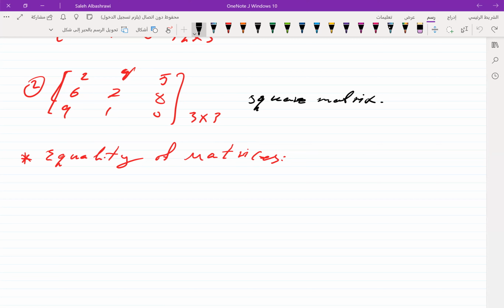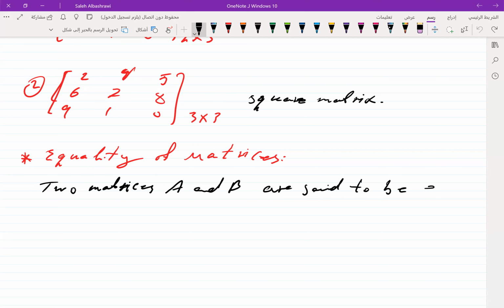Two matrices A and B are said to be equal if Aij equals Bij for each i and j.